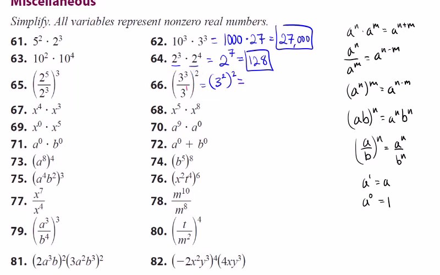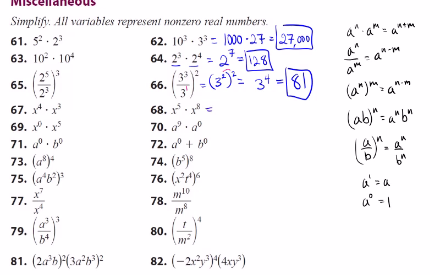So 3 squared to the 2nd power. Now I can use the power rule, right? So I multiply the exponents. So I end up with 3 to the 4th. And actually that's not simplified, right? 3 to the 4th can be simplified to 81. So don't ever do what I was about to do and leave numbers with exponents, right? Make sure you always simplify those.